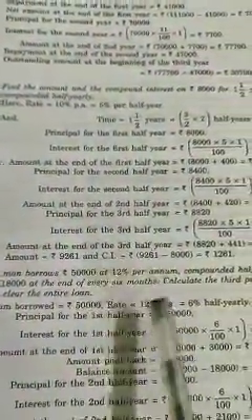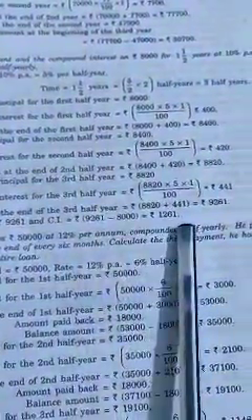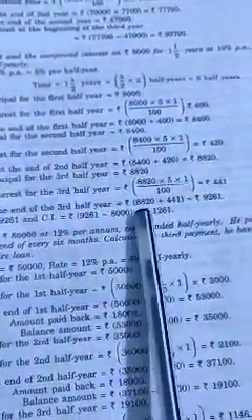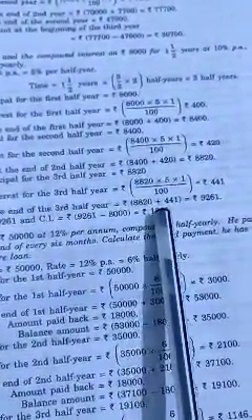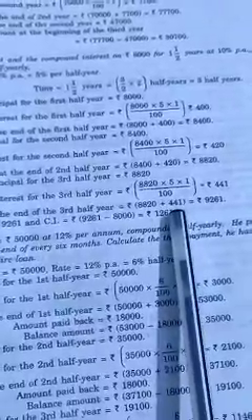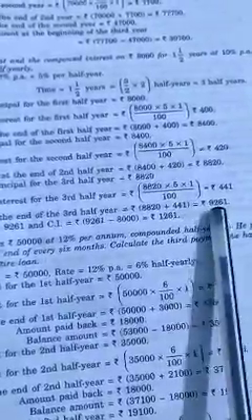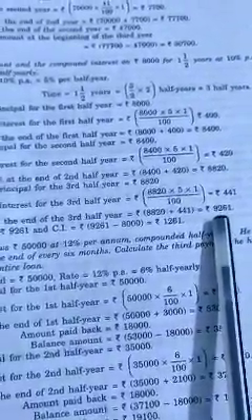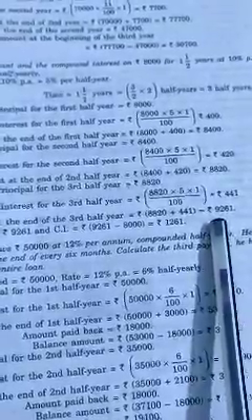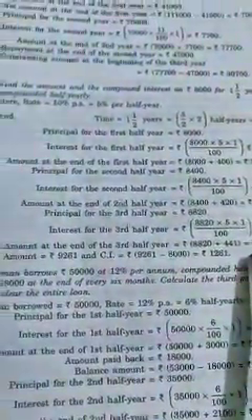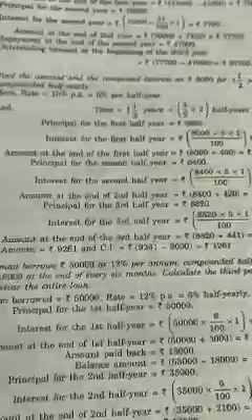Now the amount at the end of the third half year is equal to 8,820 plus 441, which is equal to 9,261 rupees. Now this will be the amount we are getting.